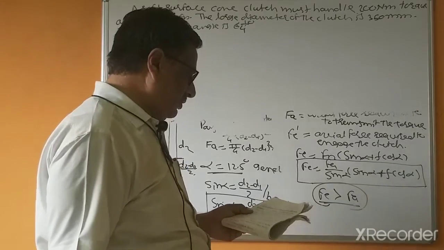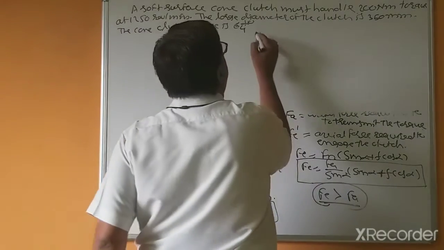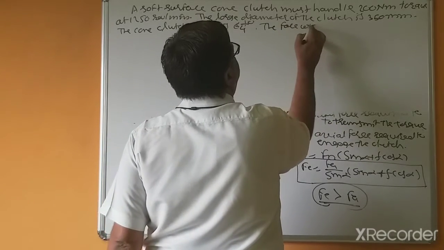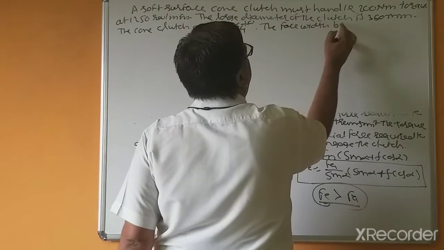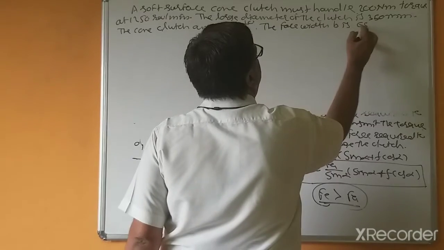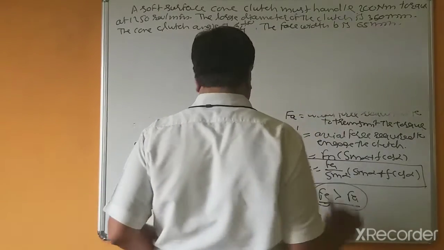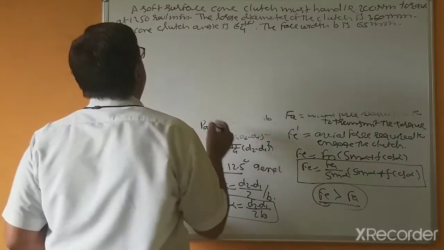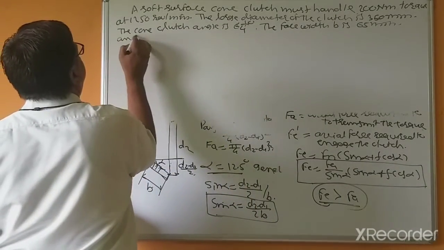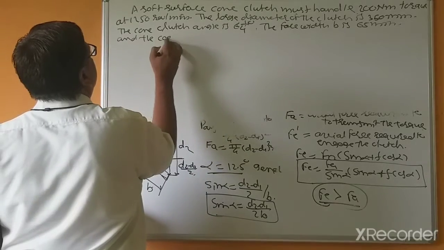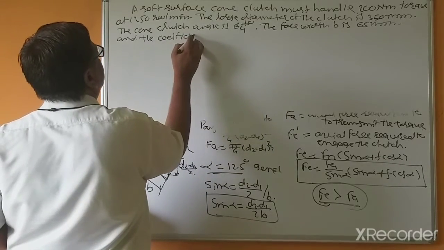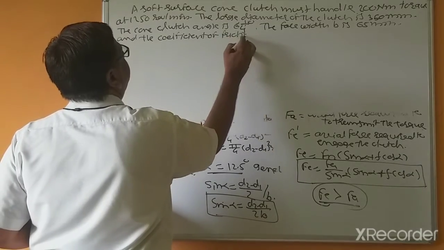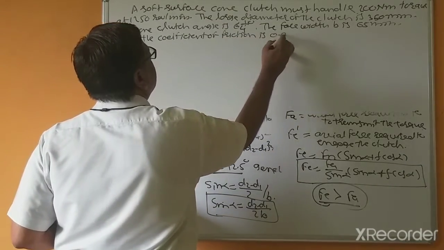The face width B is 65 mm and the coefficient of friction is 0.2.